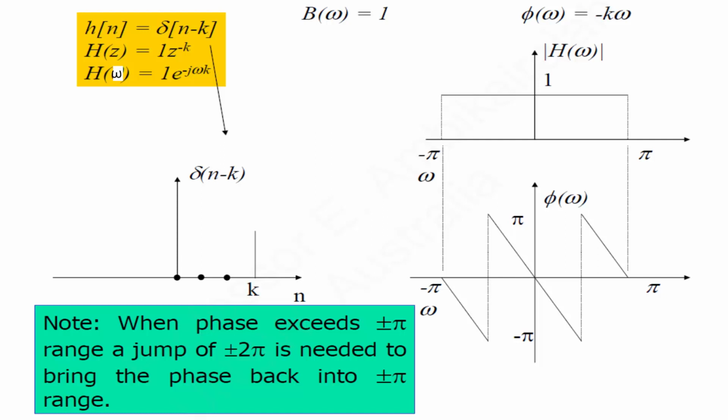But for those values of omega for which the magnitude becomes negative, you will have to make adjustments of plus minus pi. And the third thing is that the phase value will never exceed the plus minus pi range. So a jump of plus minus 2 pi is needed to bring the phase back into this plus minus pi range. While plotting phase responses, we need to keep these things in mind.